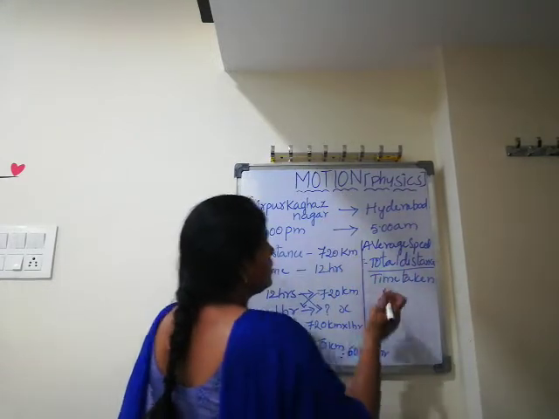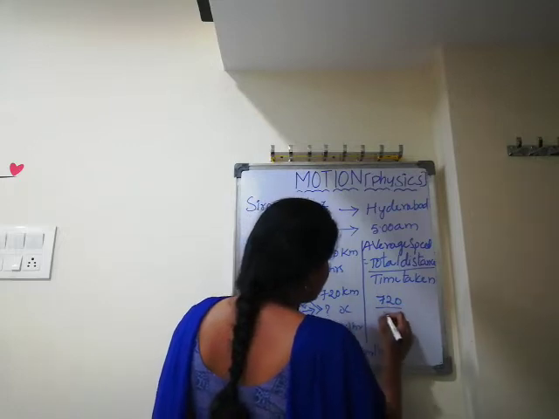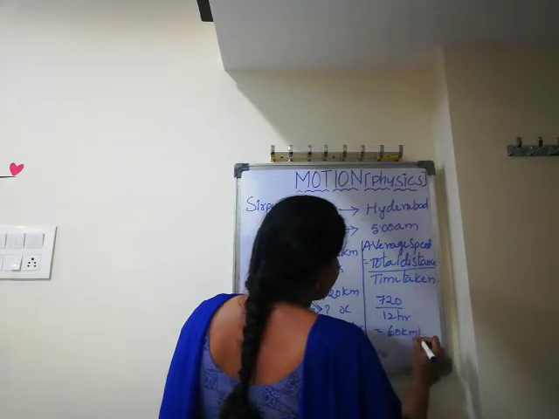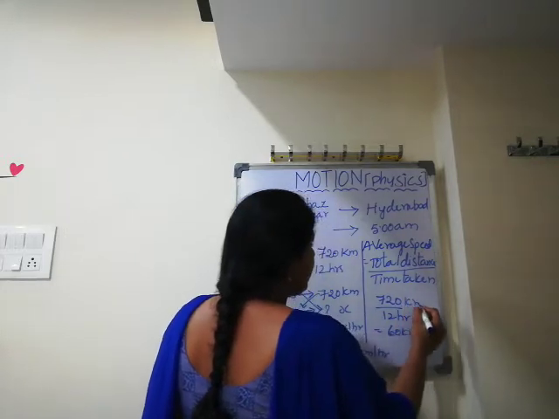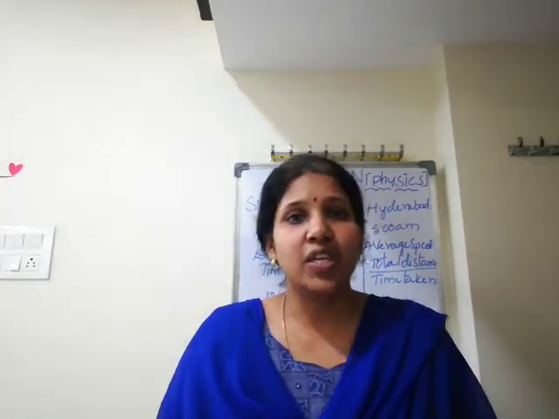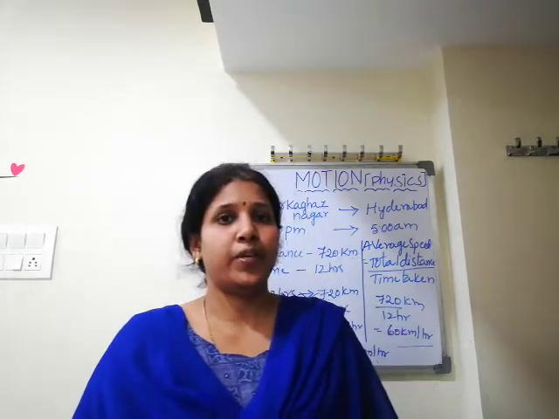What is the total distance traveled, children? Here, 720 kilometers, by time taken, how much? 12 hours. Means you are getting what? 60 kilometers per hour. The 60 kilometers per hour is only the average speed. Clear, children?